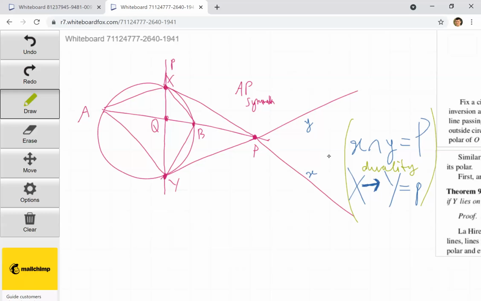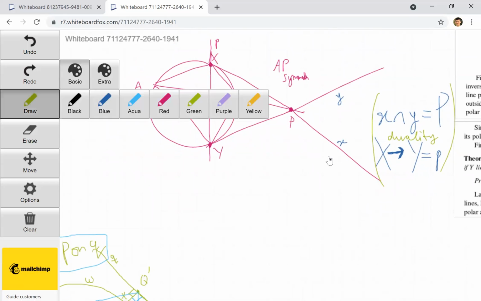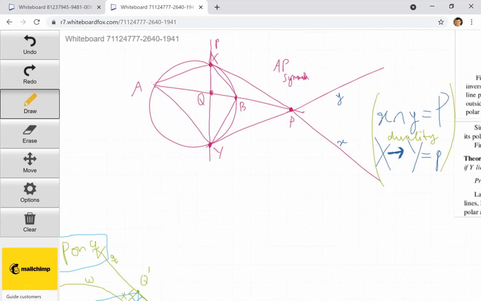Okay. So check out the following sequence of coolness. Let me use a color. So we have that A, X, B, Y is a harmonic quad, yeah?